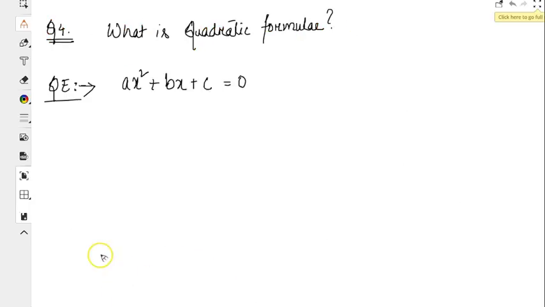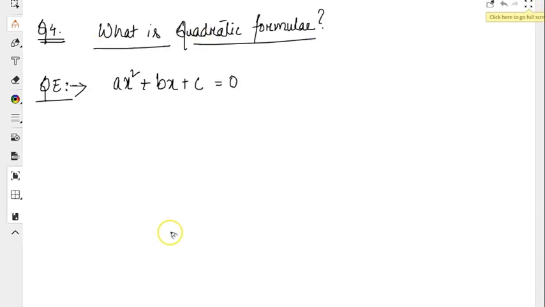Okay, coming back to the next topic, what is the quadratic formula? So if you see here, ax squared plus bx plus c is the general expression of a quadratic equation. So a, b and c are my constants, right? And x is my variable here, right?